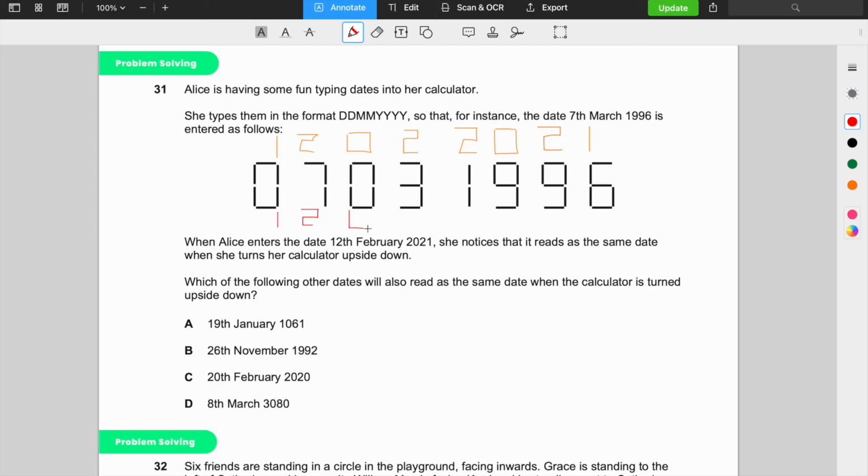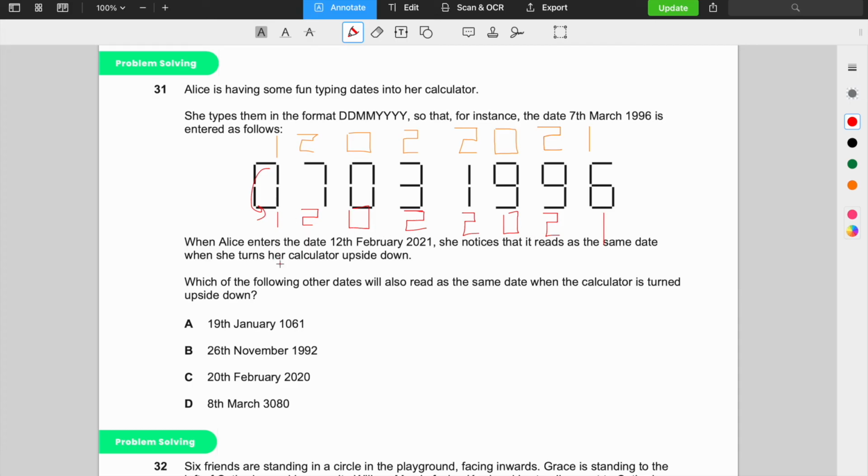Okay? And after you reflect it upside down, you want to write it backwards. So that's what it would be when you turn the calculator upside down. First of all, a vertical reflection, and then you want to write it backwards. And when you write this backwards, it would still be the same because it's a palindrome.